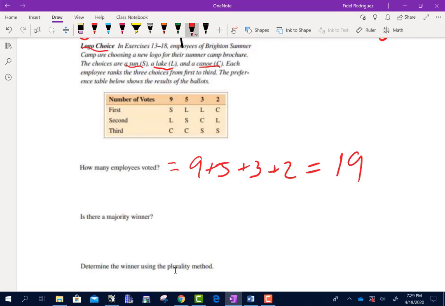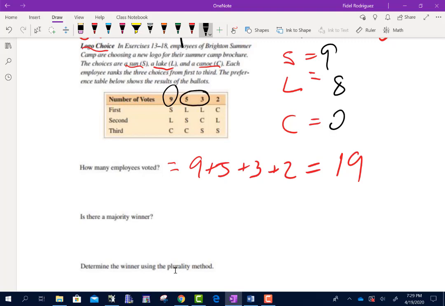Okay. Is there a majority winner? Let's see. We have three options: sun, lake, and canoe. Sun received 9 votes. Lake received 8 votes because it's those two together. Canoe received 2 votes.